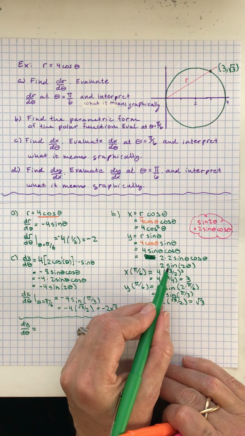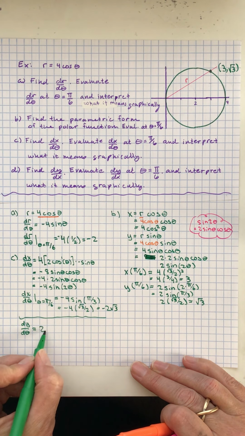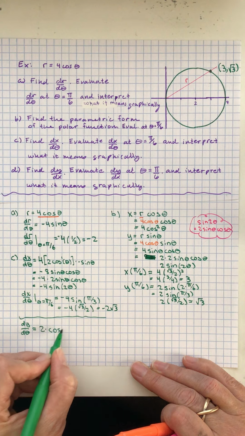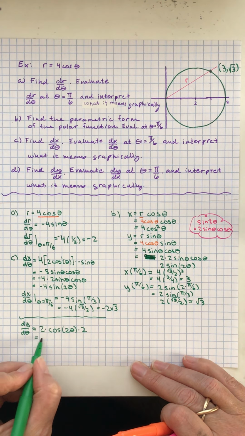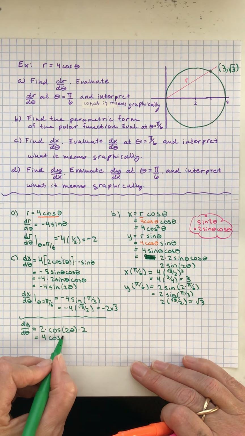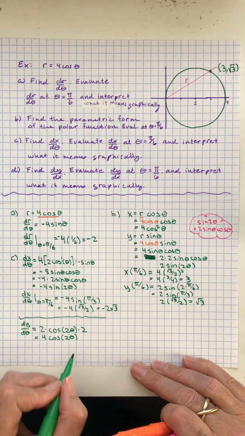So the derivative of 2 sine 2 theta will be 2 times cosine 2 theta times 2, or 4 cosine 2 theta.